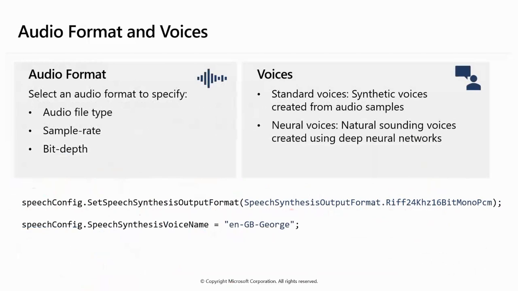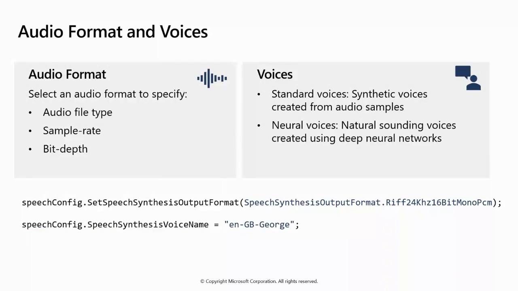Now, the speech service gives you a variety of voices you can use to customize speech-enabled apps, and you can use two different kinds of voice. We have the standard voice, which is made out of sound samples, or we can use neural voices. These are voices that sound more natural because deep neural networks were used to make them.